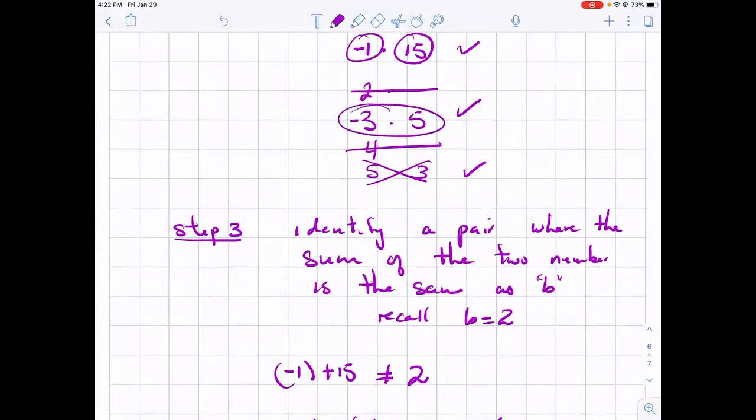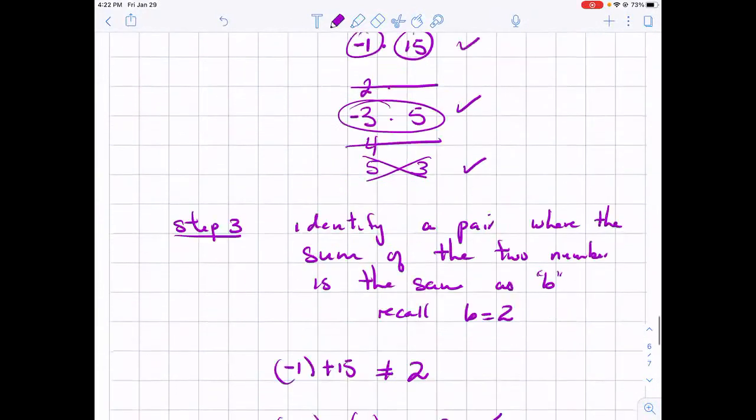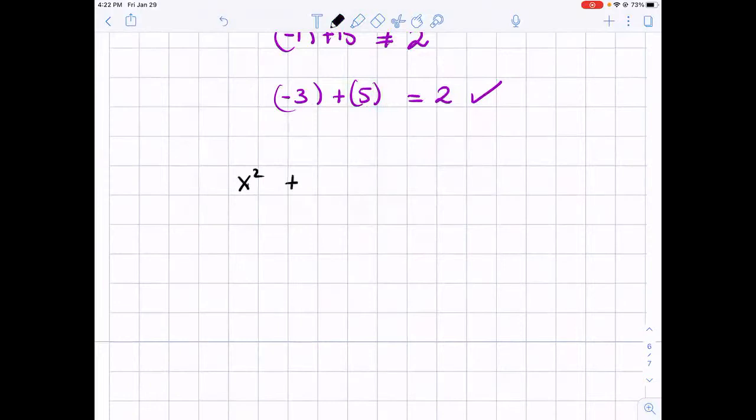Okay? So remember what our polynomial was, right? x squared plus 2x minus 15. What I'm going to do is replace this 2x here with the two factors that we got.